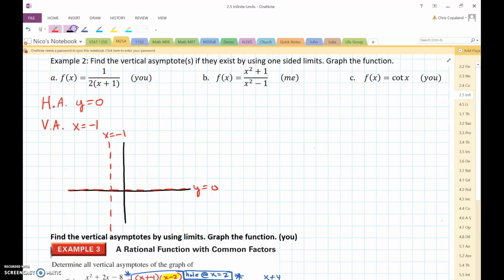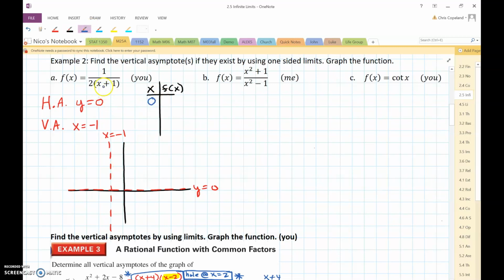Now let's do a table. Let's pick a point to the right of the vertical asymptote. Let's pick 0.